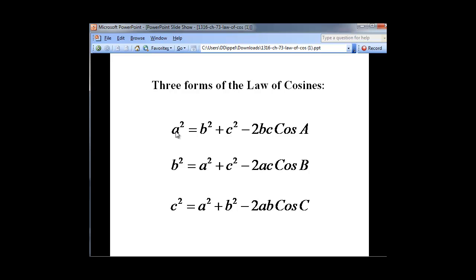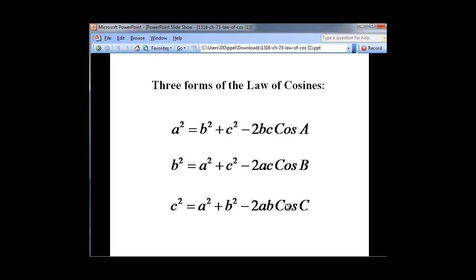If you look, if a is the side by itself, then you have b, c, b, c, and then the end is with the A. So if it has side a by itself, you'll have angle A. If it's side b, you'll have angle B. If it's side c, you will have angle C. That's how the formula can be memorized.